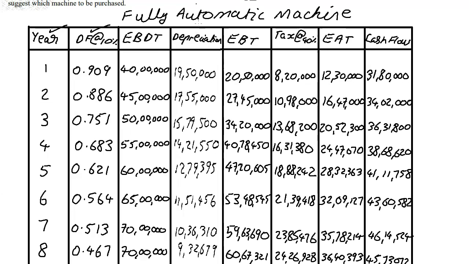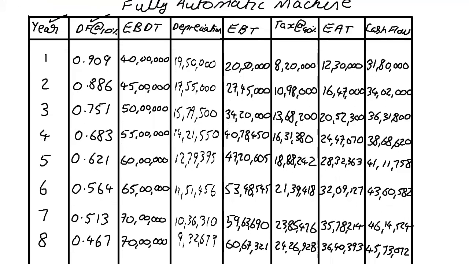Alright, now that we have all of these numbers in place, feel free to pause and check whether you have also got the same numbers. Then we can continue with calculating discounted cash flow. We need to make another column, which I'm going to do just here.